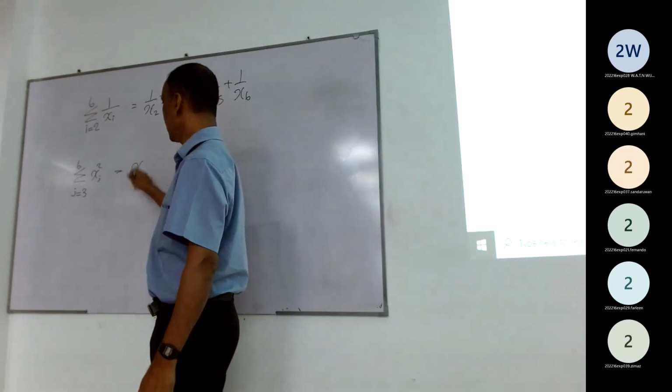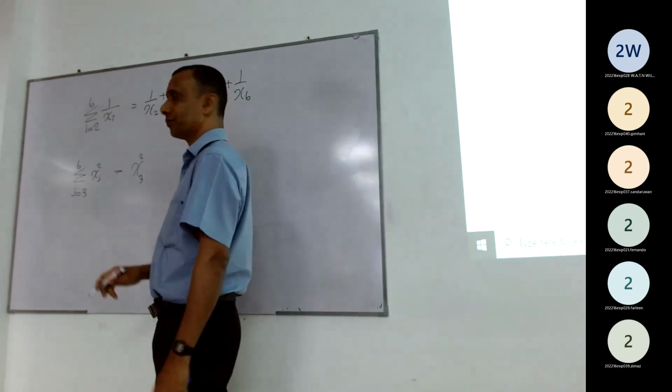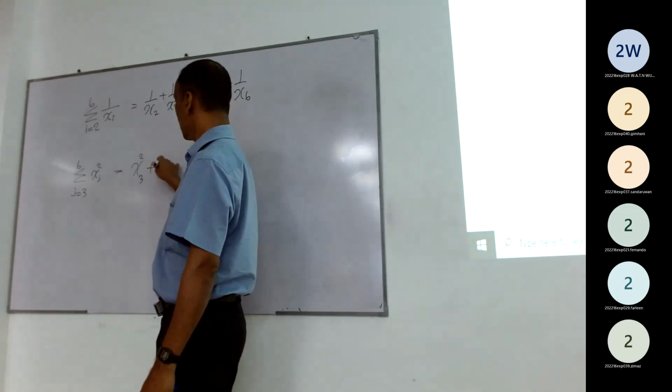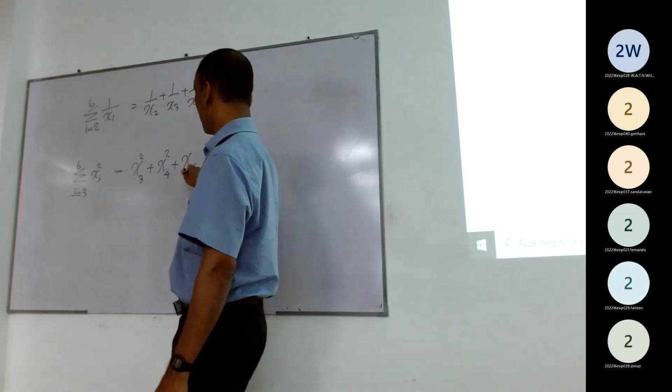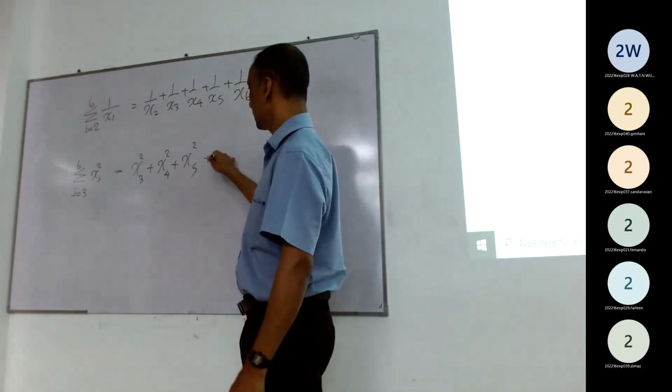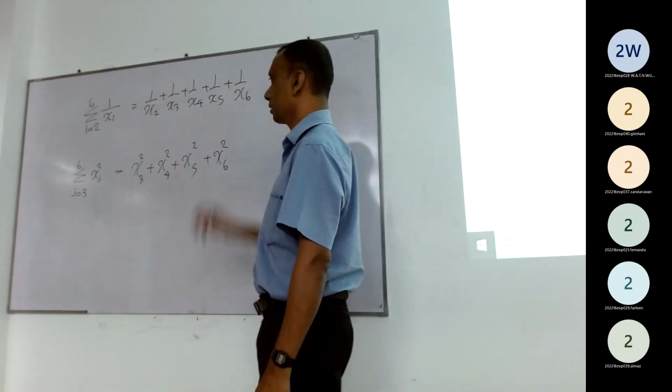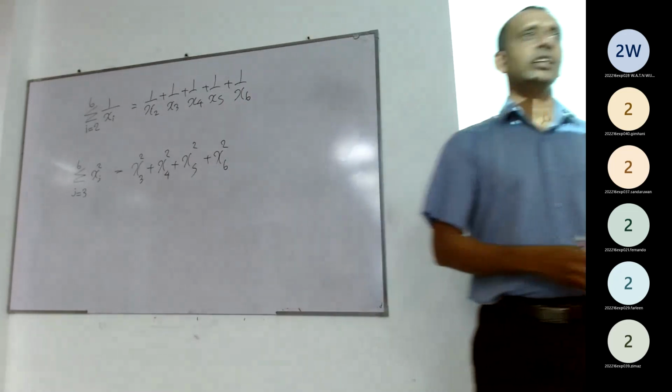X3 squared plus X4 squared, X5 squared, X6 squared. That expansion.